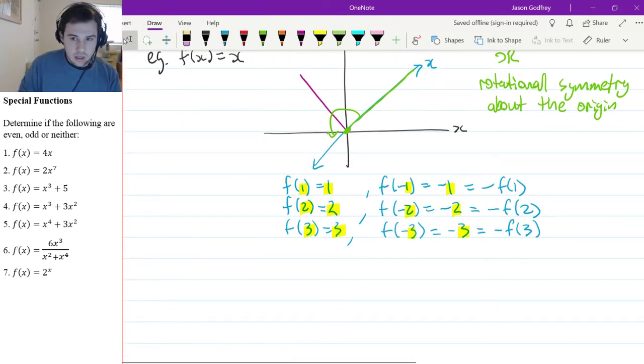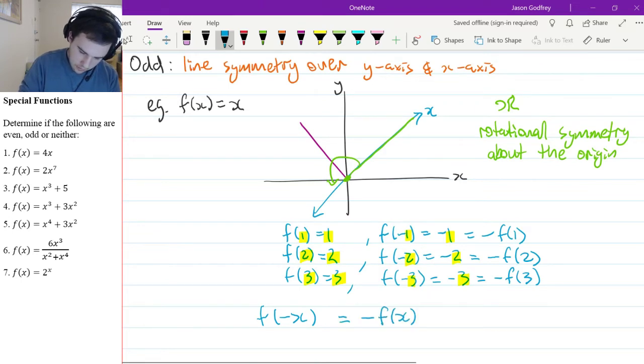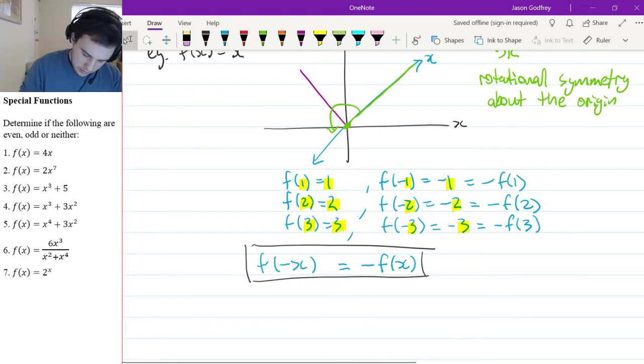So the connection algebraically with an odd function is that when you input negative x into it, you output negative f of x. So let's try doing this algebraically. Our function f of x is x.